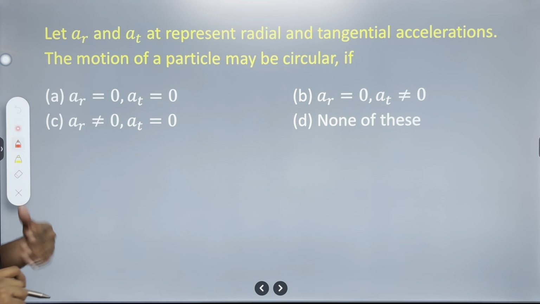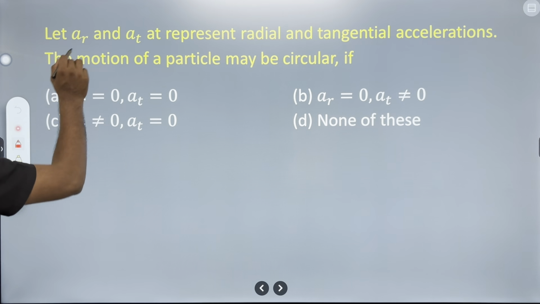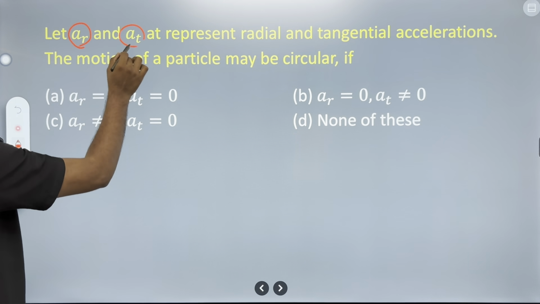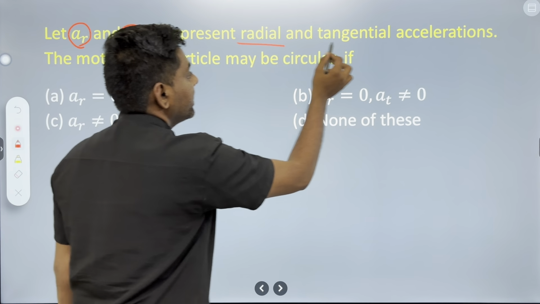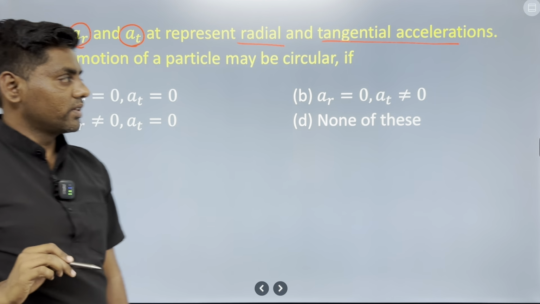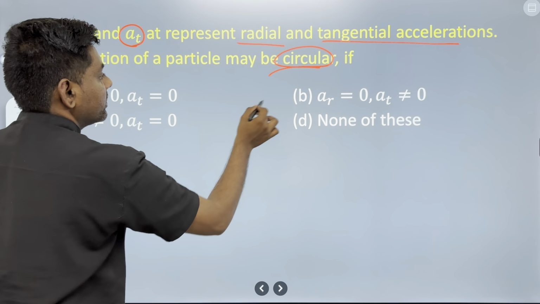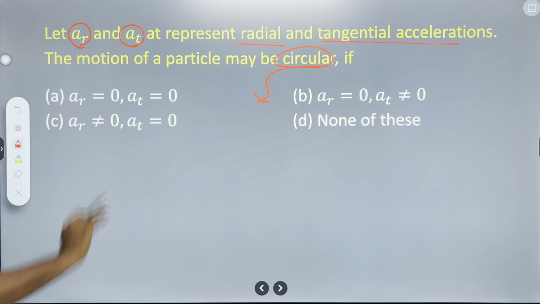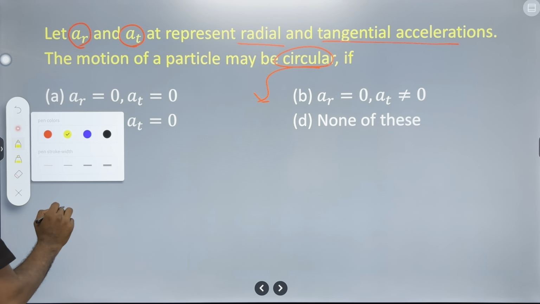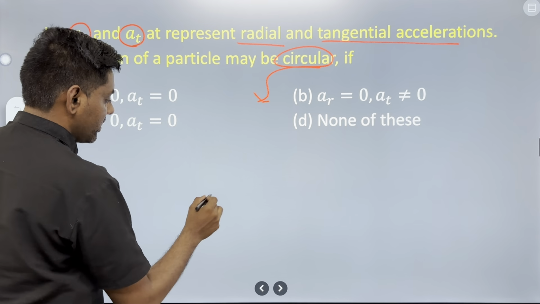question, they always ask it in the examination. So what is given: AR and AT represent radial and tangential accelerations. The motion of the particle may be circular, so there are three observations given. First of all, which type of motion is given? Circular motion.